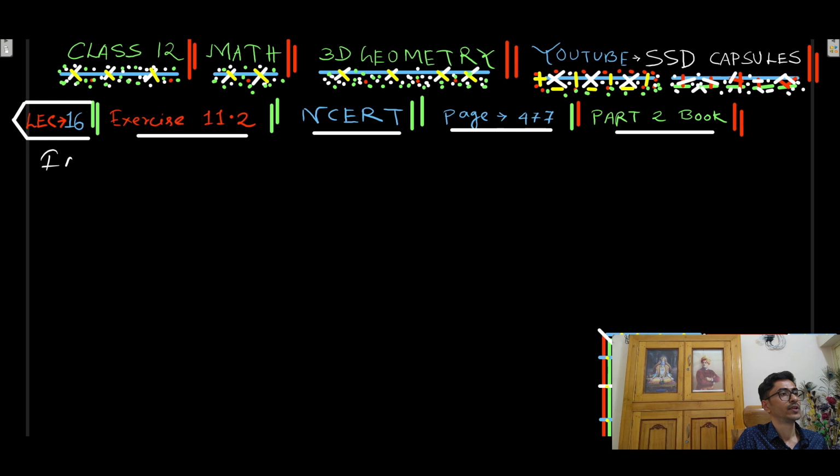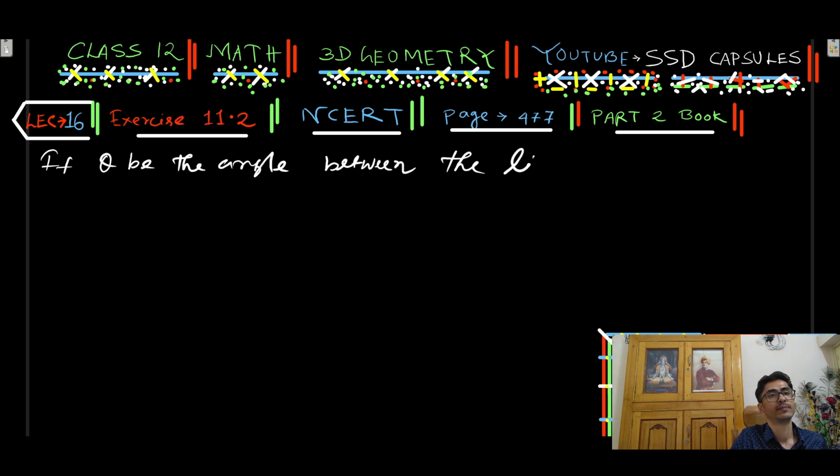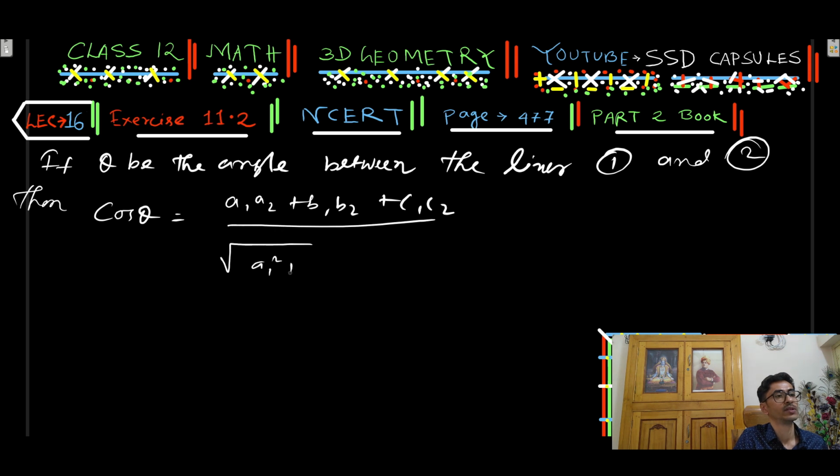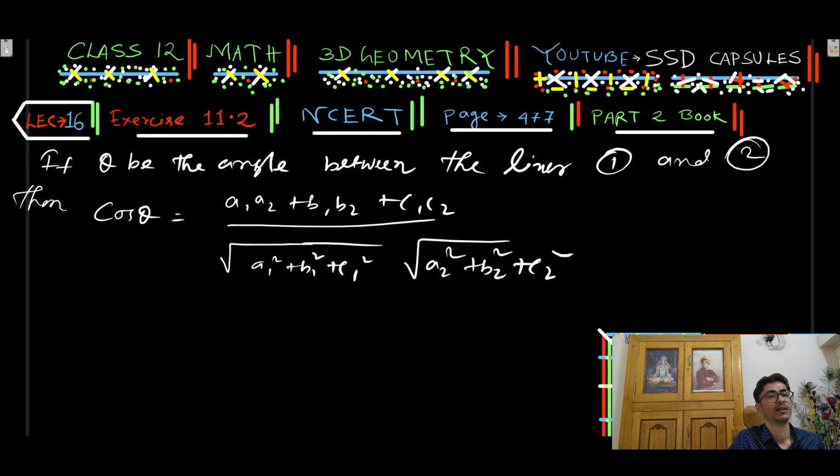If theta be the angle between the lines 1 and 2, then cos theta equal to A1 A2 plus B1 B2 plus C1 C2 by root A1 square plus B1 square plus C1 square, root A2 square plus B2 square plus C2 square.